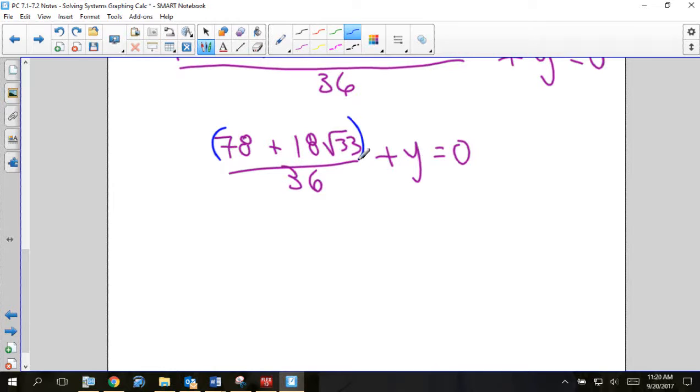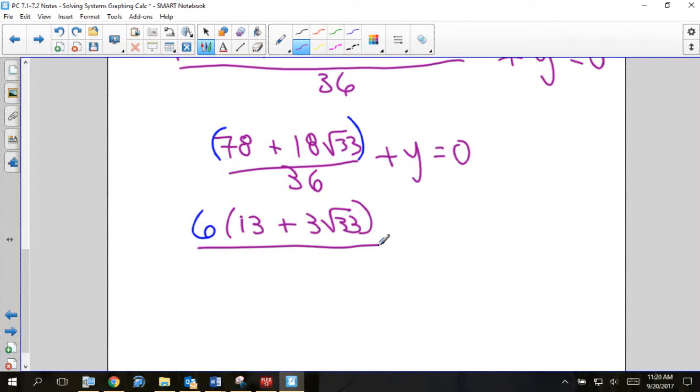I have to undistribute. What number goes into 78 and 18, and it will also cancel with 36? 6. Ooh, you guys are on top of it. So we'll factor out that 6, and I'll have left over 13 plus 3 radical 33. And then on the bottom, I'll factor out that 6, and I'll have 6 left over. So I can cancel those. And we still have plus y equals.